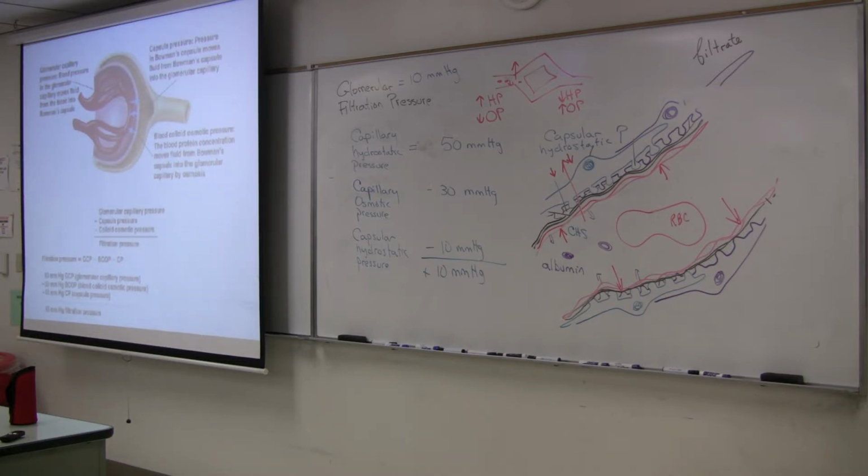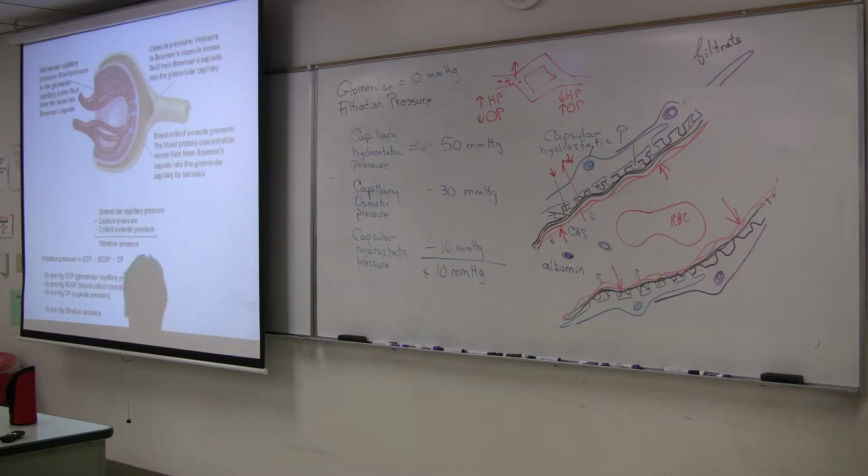So let's say that our capillary hydrostatic pressure drops. If it drops by just a few millimeters, let's say from 50 millimeters of mercury to 45 millimeters of mercury, and nothing else changes, that drops our glomerular filtration pressure in half, just losing 5 millimeters of mercury of pressure within the capillaries.